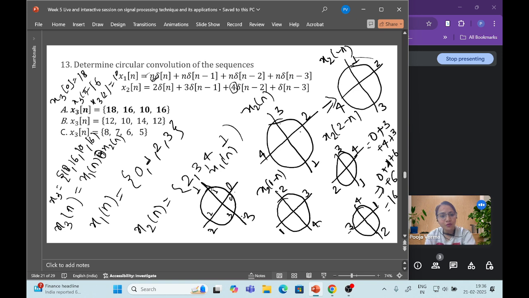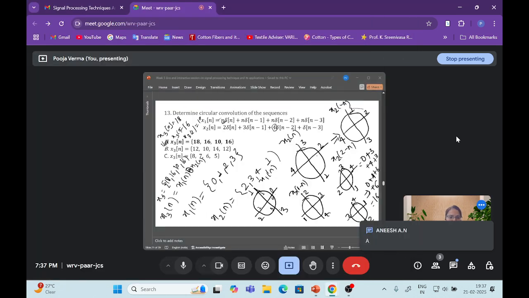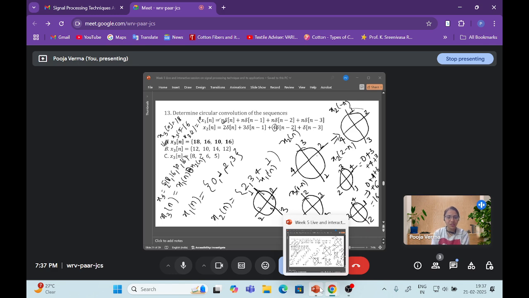If you shift one place further, you get x2 of minus n again, which means the convolution is complete. The four values are 18, 16, 10 and 16, so option A is the correct answer. Have you understood how to solve this question?